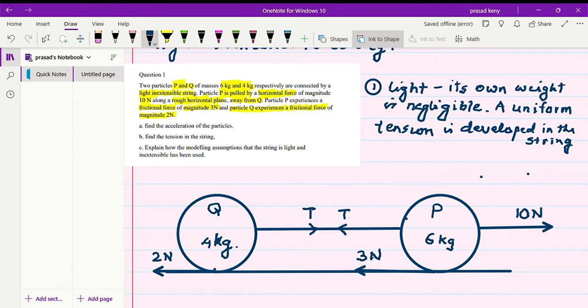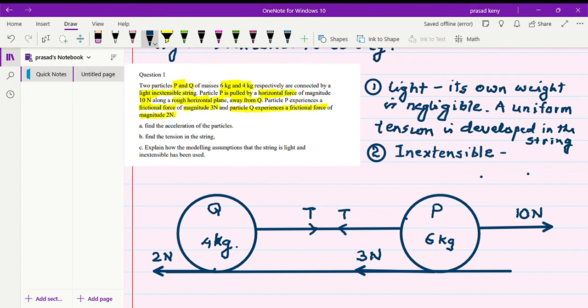And second, the string is inextensible. Now, since the string is inextensible, that means its length is not changing when it is pulled.